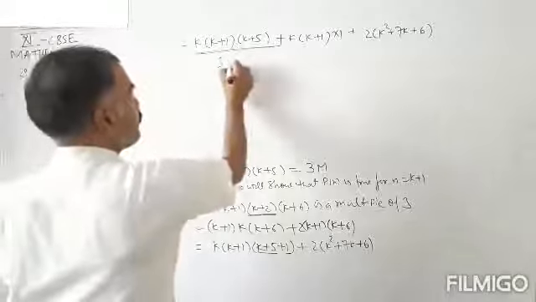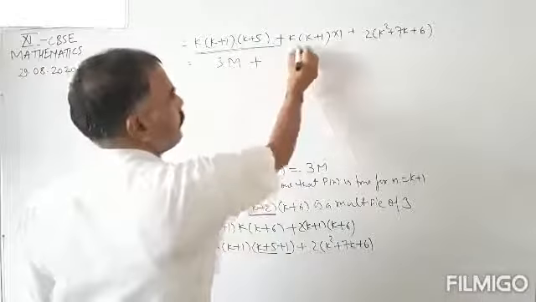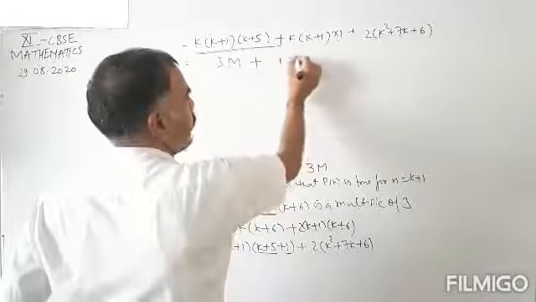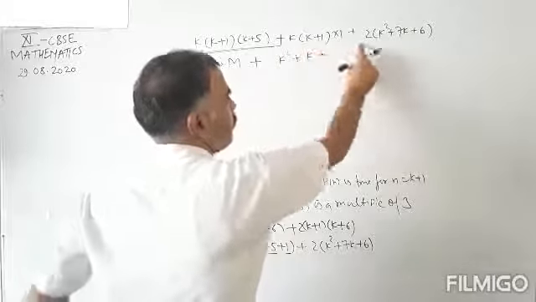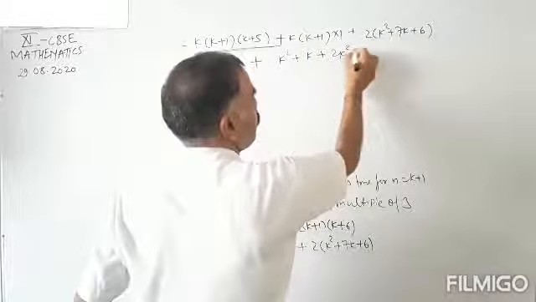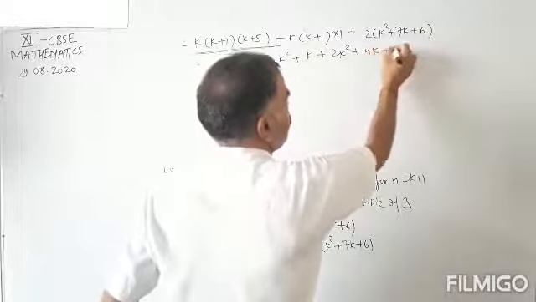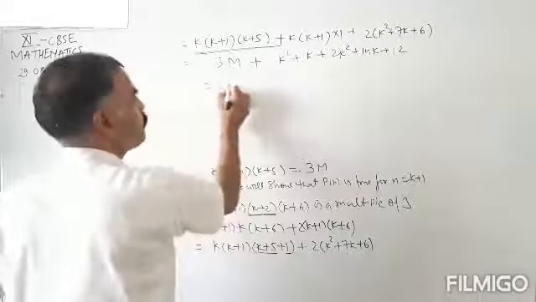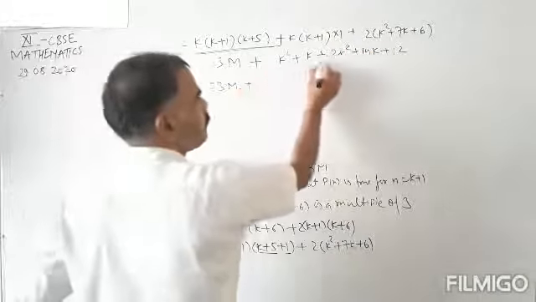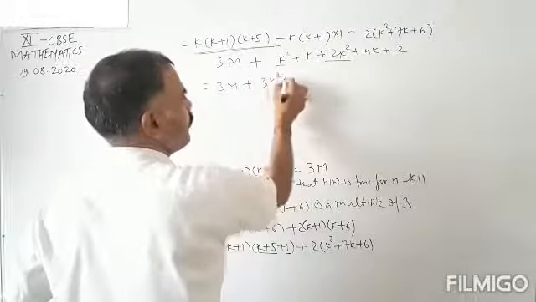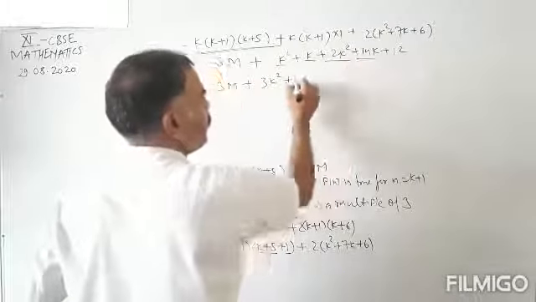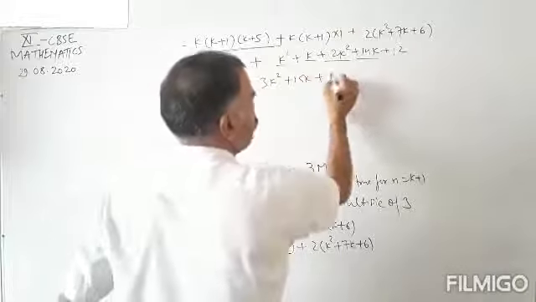So put 3m here: 3m plus, multiplying this, k square plus k, plus, multiplying this, 2k square plus 14k plus 12. This is equal to 3m plus k square plus 2k square, 3k square, plus k plus 14k, 15k, plus 12.